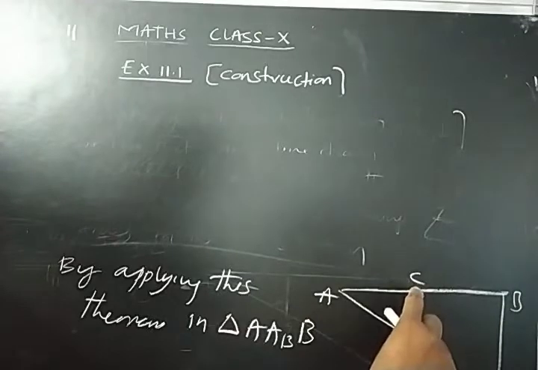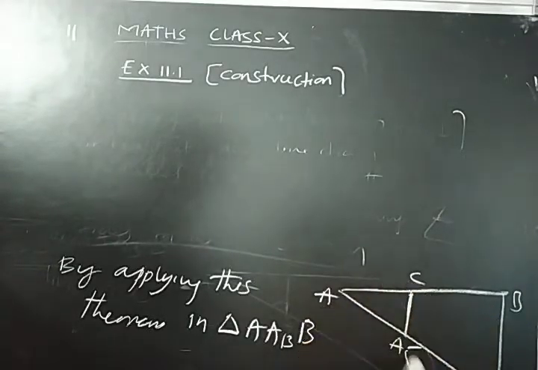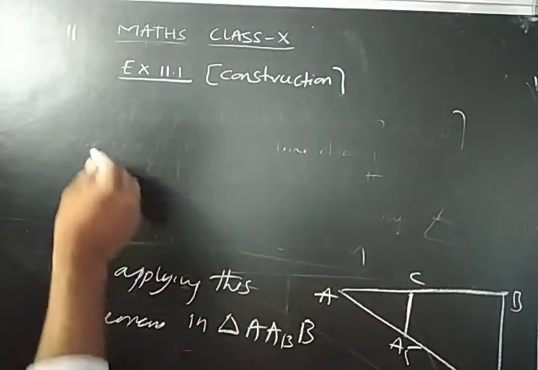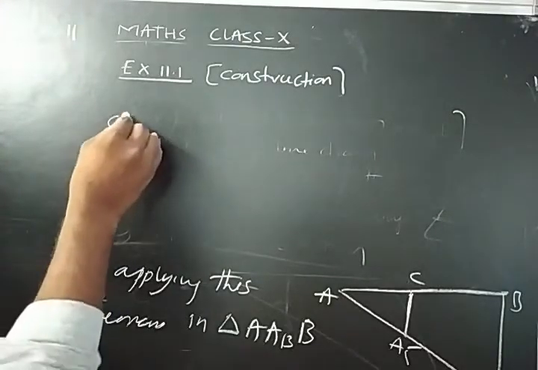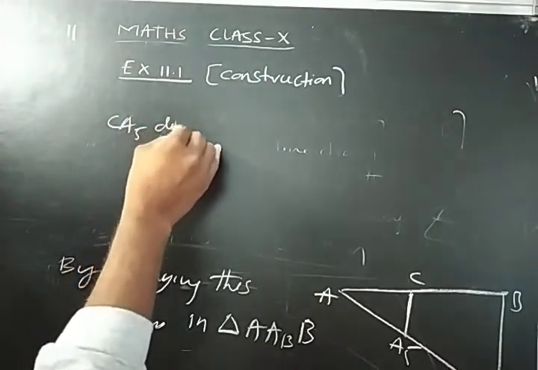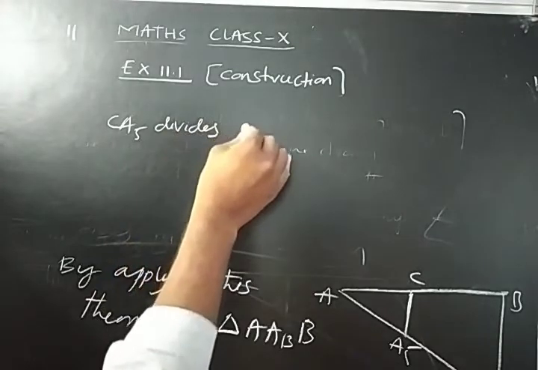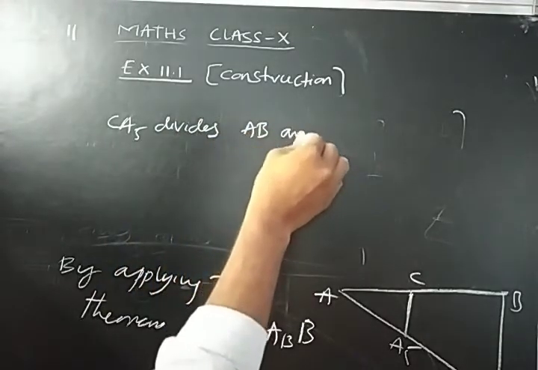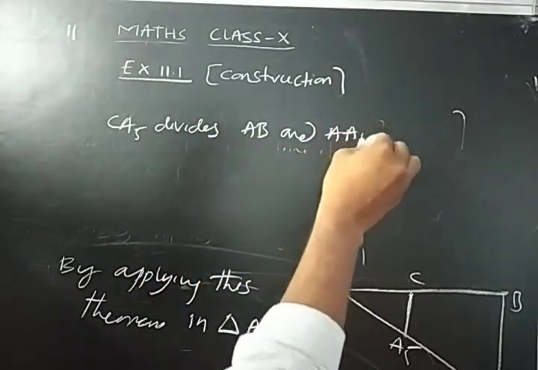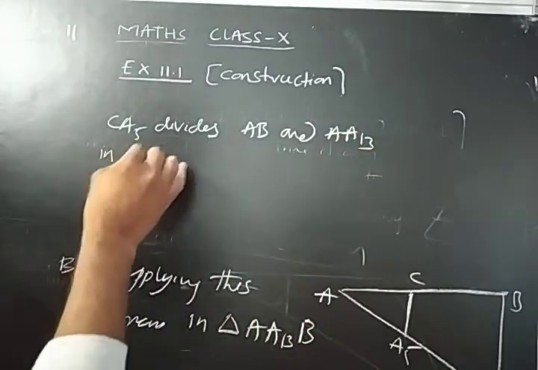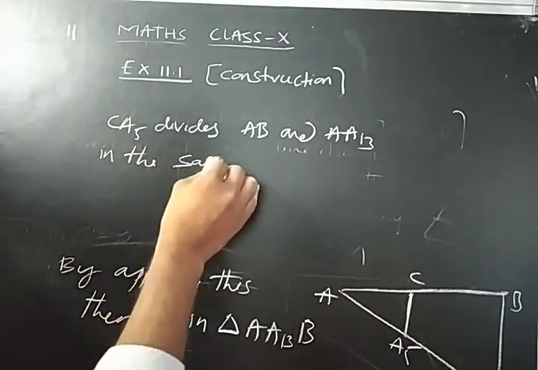So CA5 divides AB and AA13 in the same ratio.